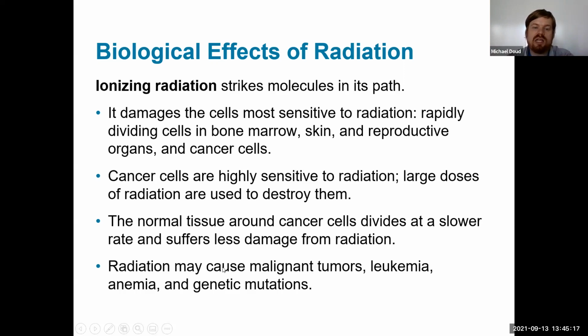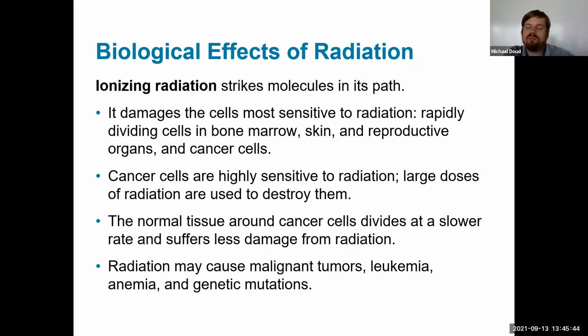Of course, your normal tissue can then get damaged by the radiation, and that can lead to tumors, leukemia, anemia, and other genetic mutations. The idea is basically that radiation can hit your DNA, and in hitting your DNA, it can either cut parts of the DNA or meld parts of the DNA so that they can't be replicated.